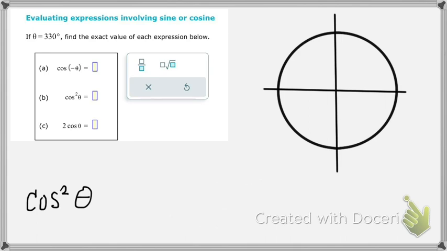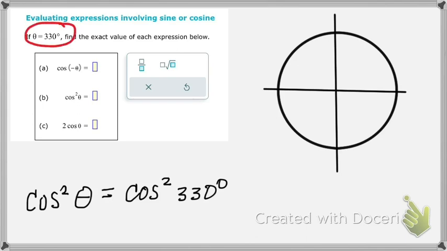So to actually evaluate this, I'm going to say I want cosine squared of 330 degrees. That's the theta that we were given at the outset up here, that theta is equal to 330 degrees. I'm going to go to 330 degrees on the unit circle. So I go around, there.